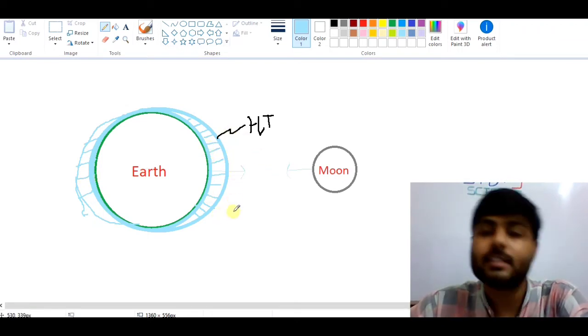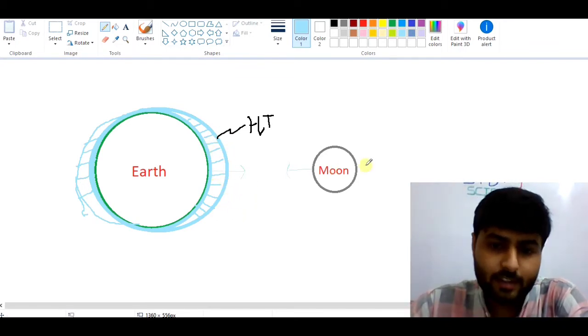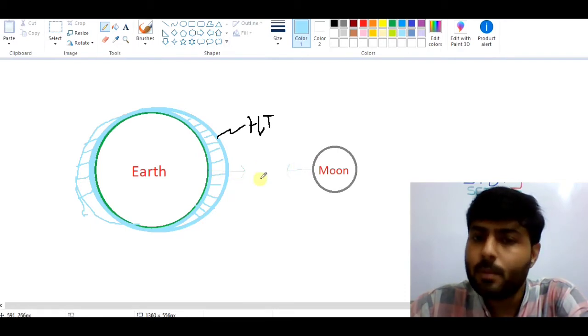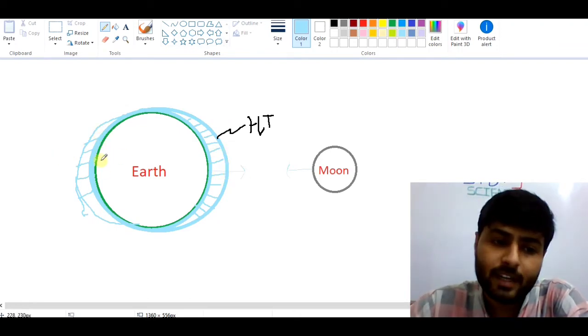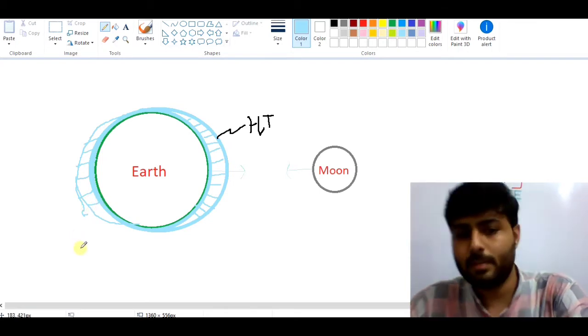and the bulge at this side is comparatively higher, because this side, which is exactly opposite to moon, experienced more force compared to this side. So it has a higher bulge, and the other has a comparatively lower bulge.